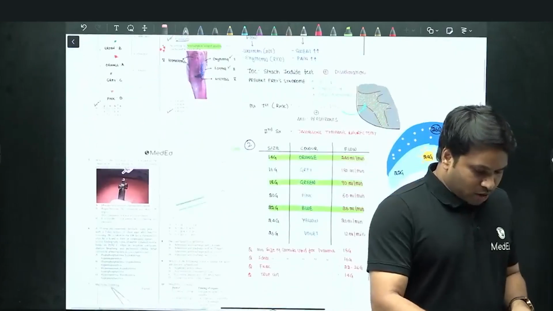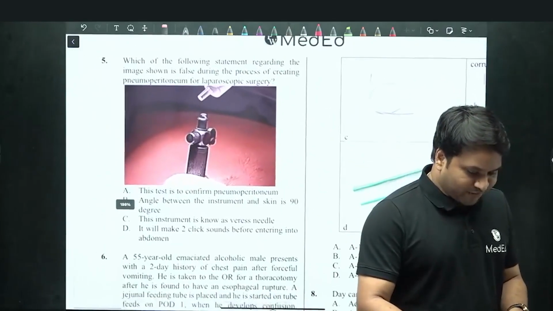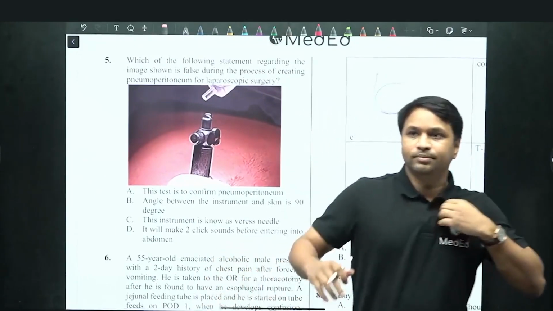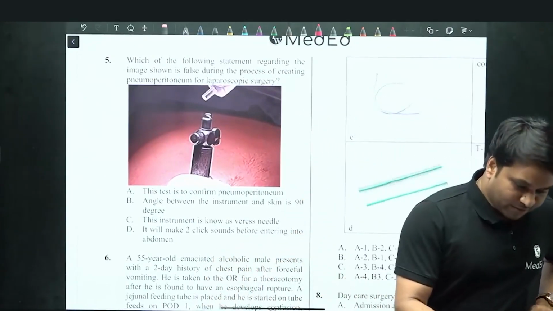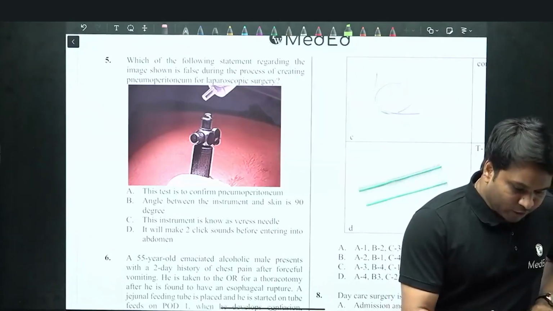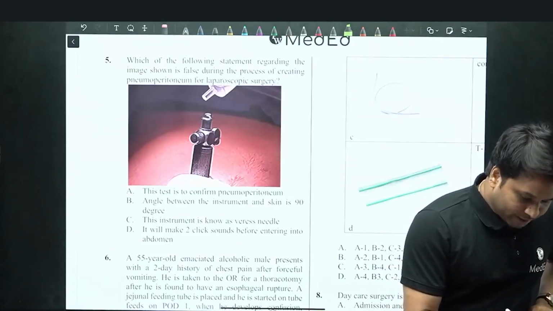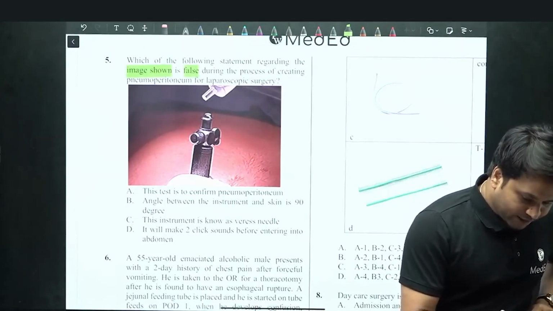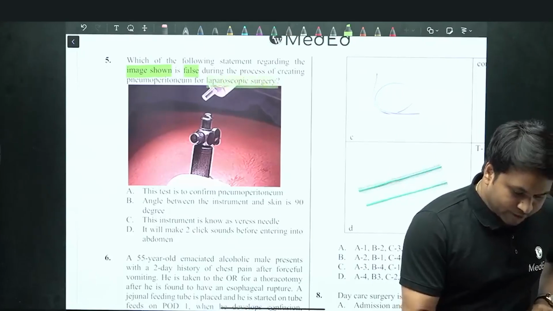Quick feedback. So talk about question number 5. In question number 5, which of the following statements regarding the image shown is false during the process of creating a pneumoperitoneum for a laparoscopic surgery?